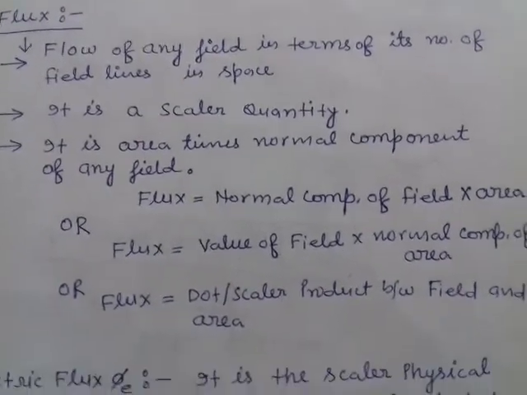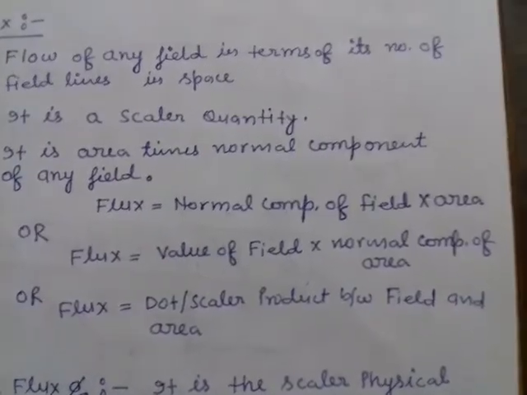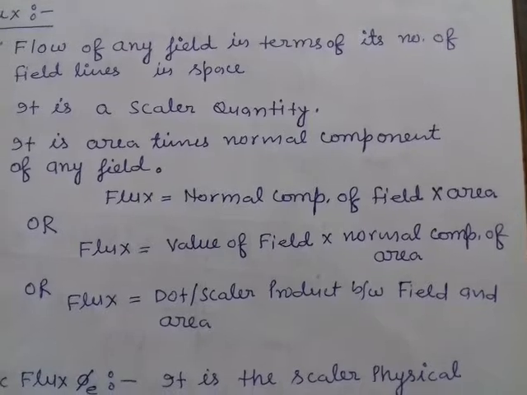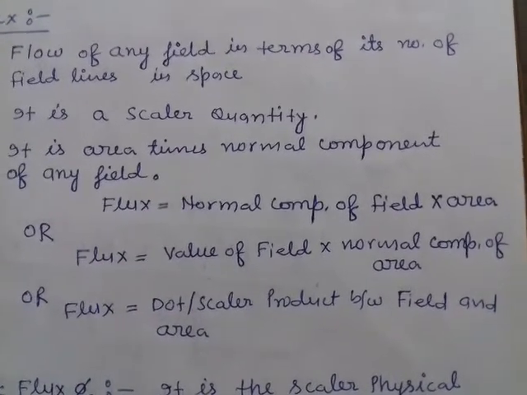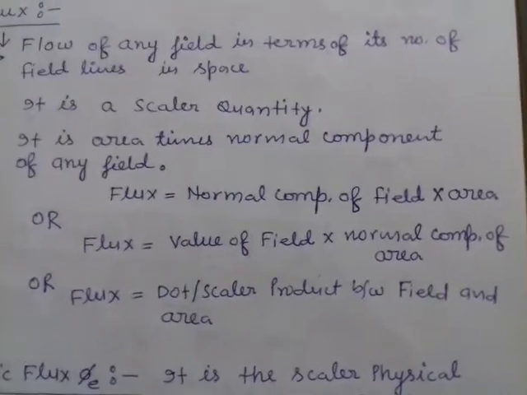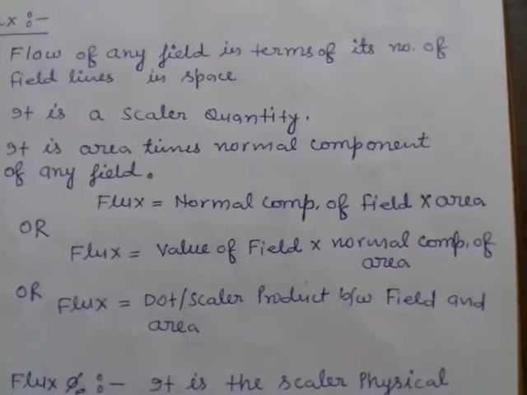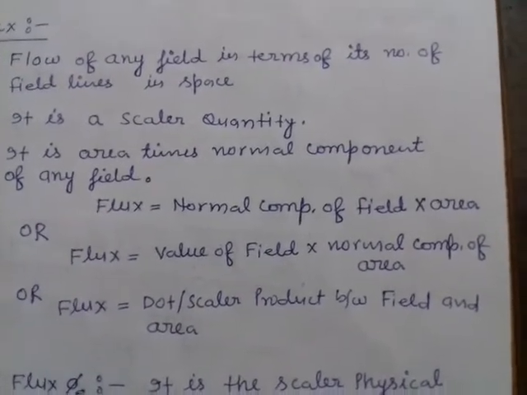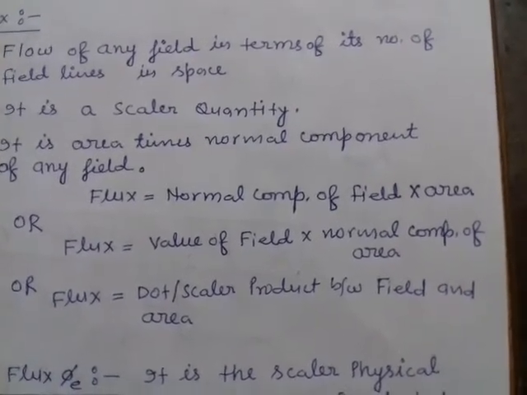So we can write flux is equal to normal component of field multiplied by area. So flux is area times normal component of any field for which we are talking about flux. For example, electric flux is normal component of electric field multiplied by area.